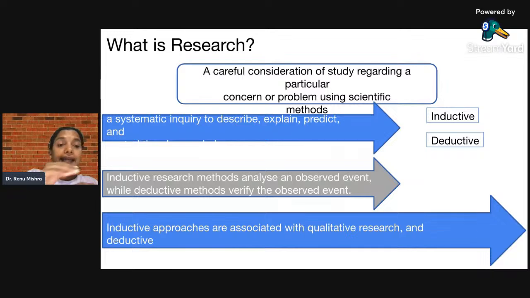Okay. Inductive research is basically when you are coming ahead with a hypothesis. Okay, so I conducted one study in which I found out that, for instance, students who are investing more time in their study get good grades. So there is a positive association between students investing time and their grades.